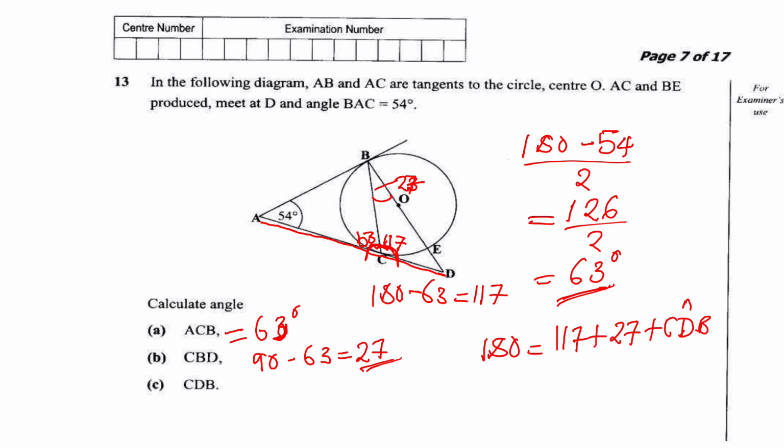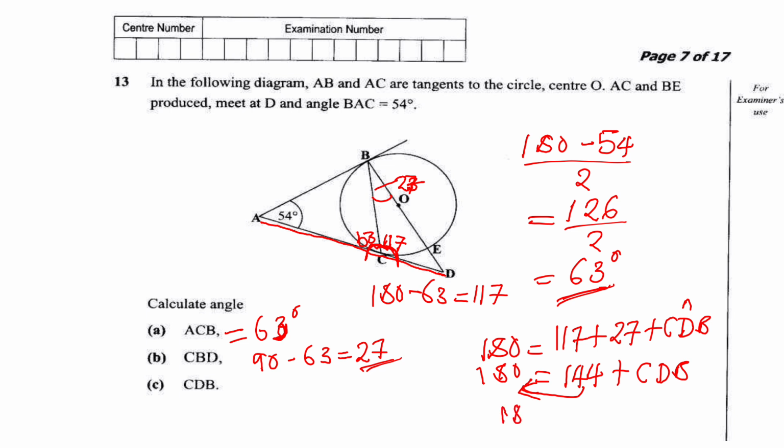So let's try to add the two. When we say 117 plus 27, what I'm having is 144. So 144 plus CDB is equal to 180. This 144 will go to this side, and when it goes to that side, it will become negative.